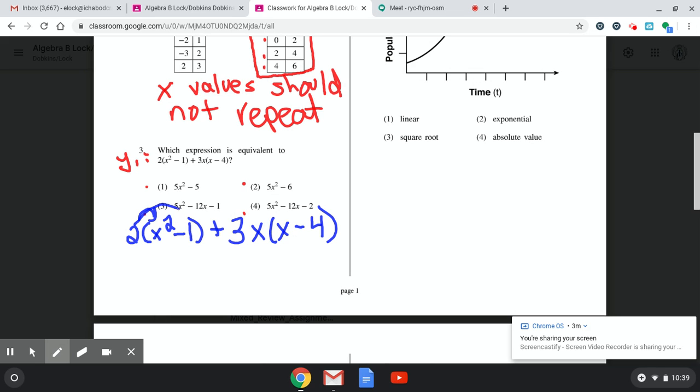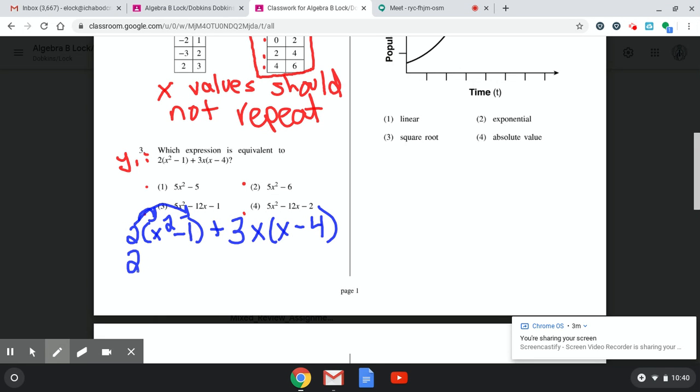When we distribute, who can read me the next equation? Maybe Jaden or Owen? We've heard from Lizzie. I'll read it. Thank you, Owen. Which expression is equivalent to 2 parentheses x squared minus 1 plus 3x parentheses x minus 4.